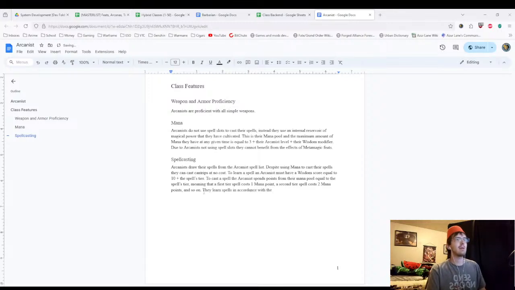They're going to learn spells in accordance with a table, because having access to above first tier magic at level 1 could be kind of broken. So they're going to learn spells in accordance with... wait, no, I need to rewrite this.